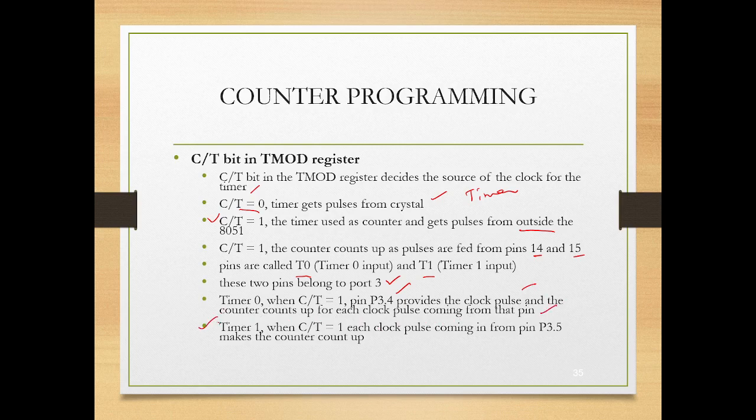If we have timer 1, with C/T equal to 1, each clock pulse coming from port 3's fifth pin makes the counter count up. So in this way it starts counting. The P3.5 pin is for timer 1 and P3.4 is for timer 0. So these are the details here.